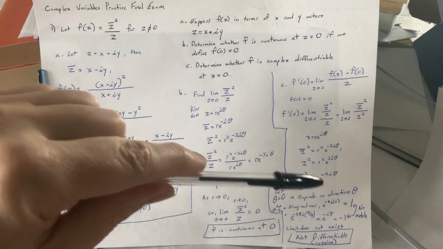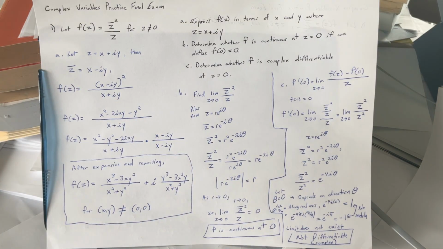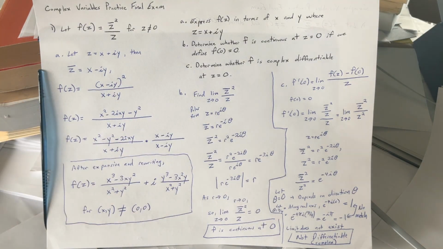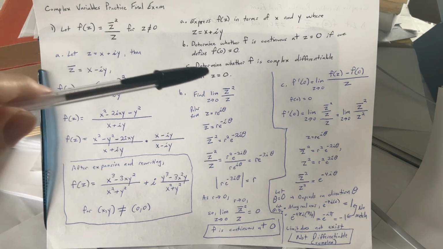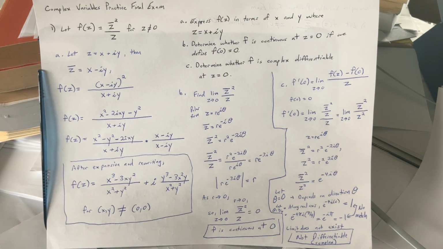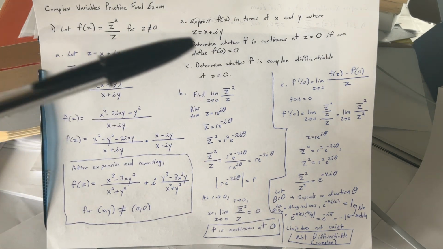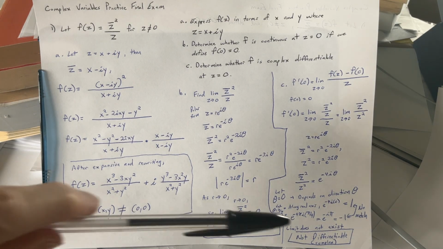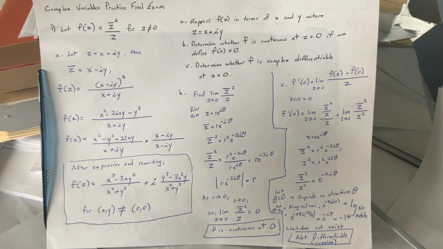So these do not match. Since they do not match, we can say the limit does not exist, and it is not complex differentiable at z equals 0. Okay, so that takes care of letter C, A, B, C, and that's number 1.